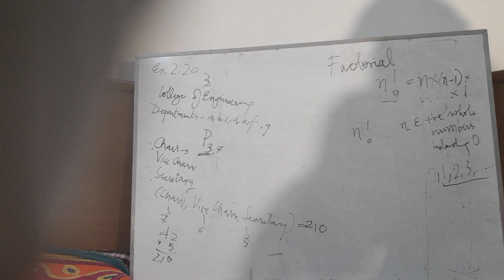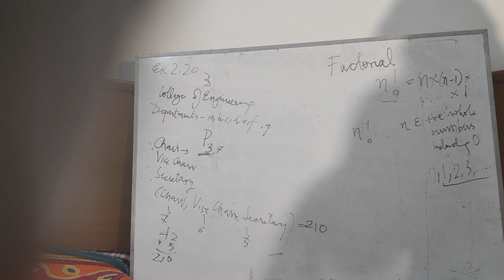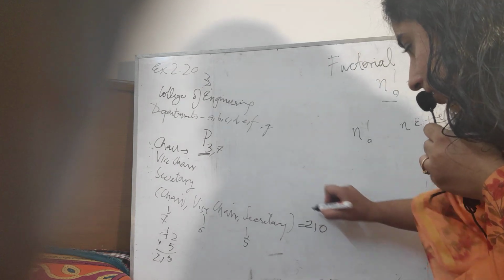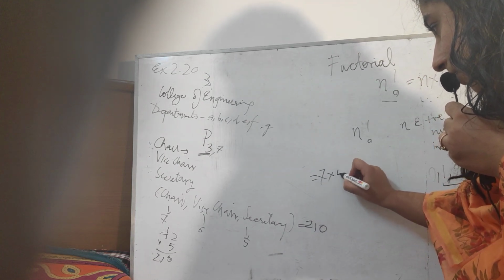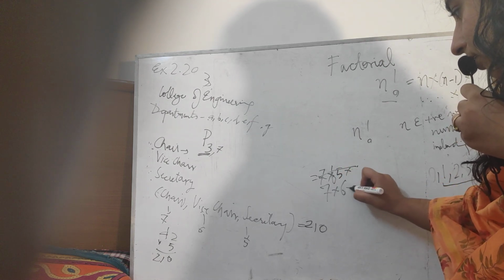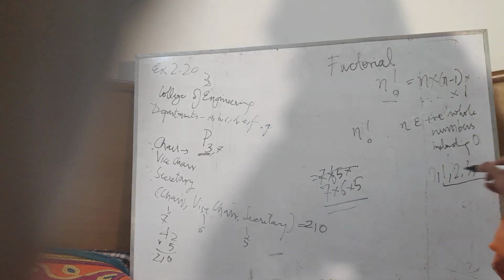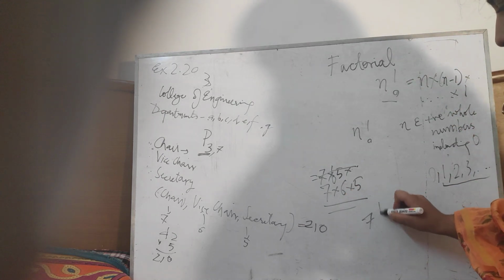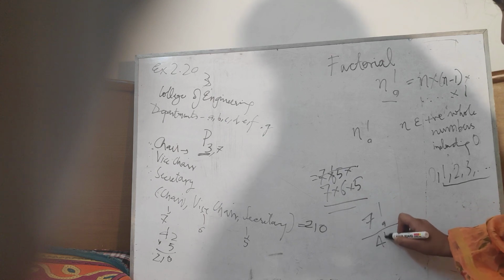We come soon to how we can denote a permutation. One way, we wrote this as 7 into 6 into 5. We can also denote this as 7 factorial upon 4 factorial, right?